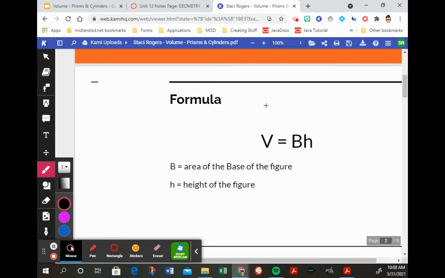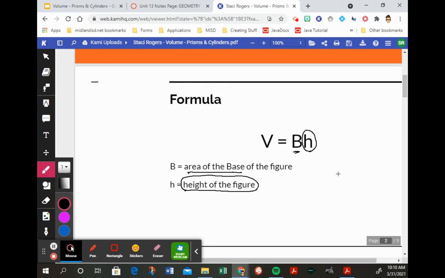The volume is V equals B times H, and that's a capital B times H. The big B stands for the area of the base, and the H stands for the height of the figure. So we're going to use the same formula for the three shapes that we're going to talk about today.